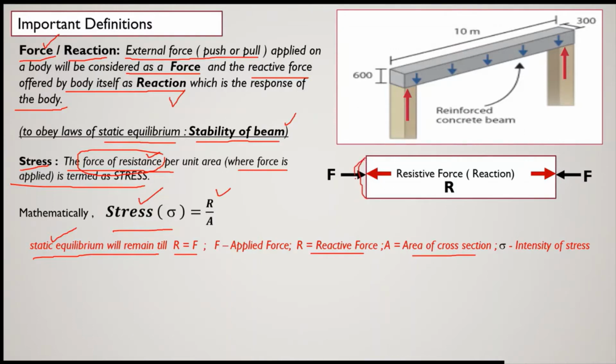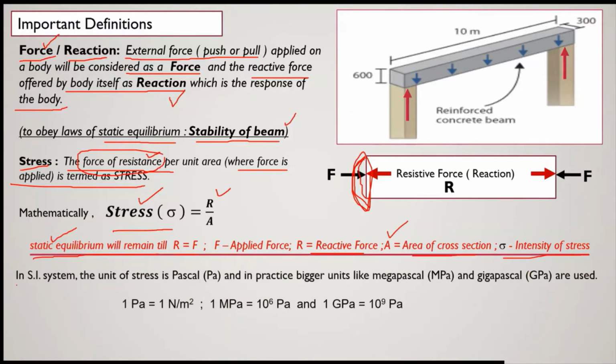If it is a rectangular member like this, then this will be the cross-section area. So when a reaction is applicable on the body, sigma will be the intensity of the stress, and it can be given by this formula. So one is force, the other is stress.